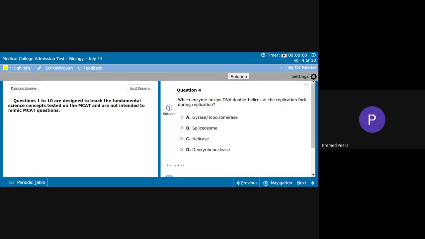Can anyone answer this question? C. Helicase. Exactly. So when you think unwinding, think helicase. And when you think sealing, which enzyme do you think of?